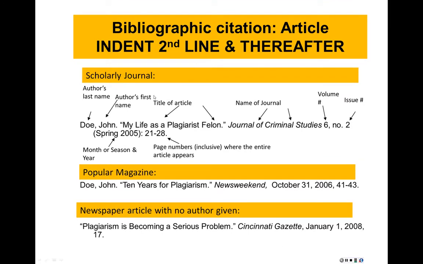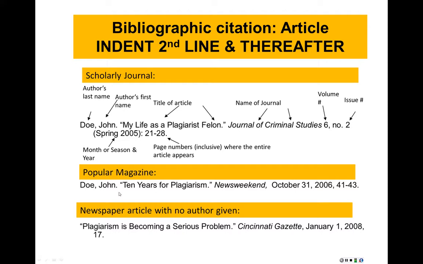For articles, for scholarly journals, you need to put the author's last name, the author's first name, the title of the article, the name of the journal, the volume number of the journal, the issue number of the journal if they give one, the month or season or year if they give one, and the page numbers where this entire article can be found.